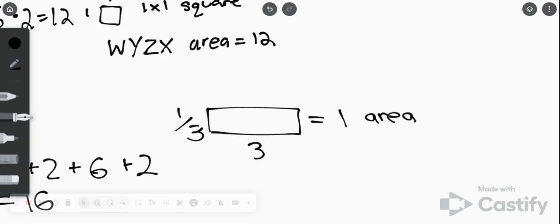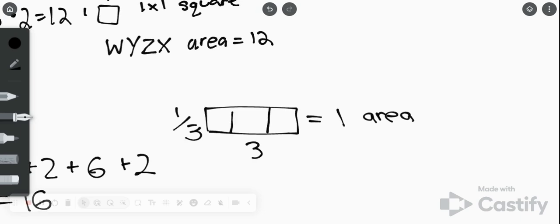And you might think that this looks like more than just one box, but actually, if we could tell, this side length is 3 boxes, but this side is only 1/3.